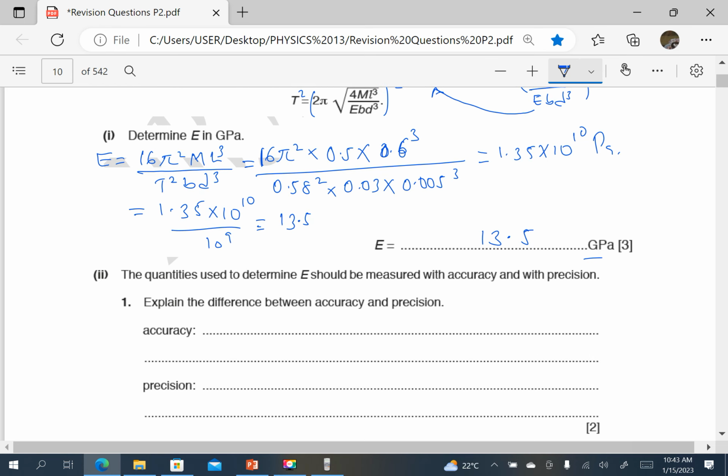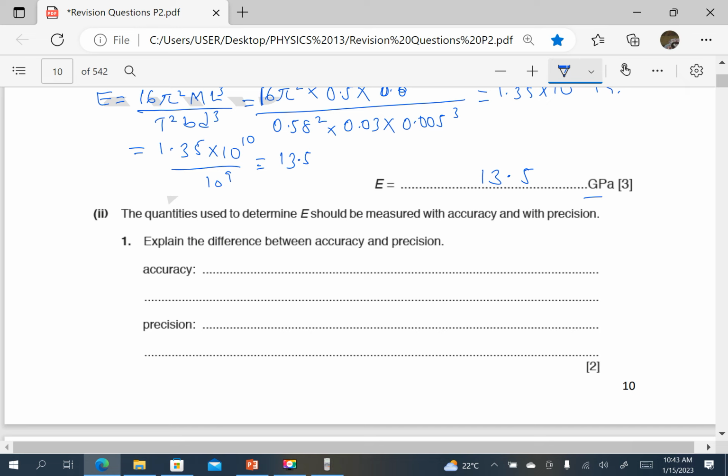The quantities used to determine E should be measured with accuracy and with precision. Explain the difference between accuracy and precision. Note that accuracy determines how close the measured values, or the average of the measured values, will be to the true value, and precision will determine how close these values are to each other. That is, they will determine the range between the values.